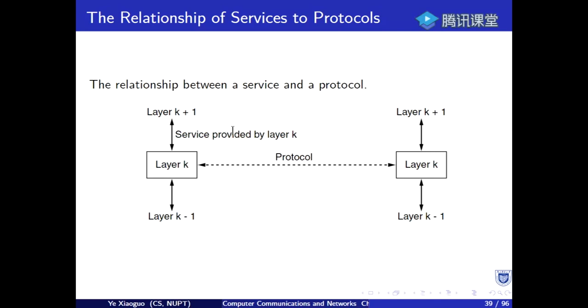From this figure, we can understand that a service means the layer k provides a service to layer k+1. A protocol means the peer layer k and the peer layer k on the other machine all obey the same agreement, the same rule, on how to communicate with each other.